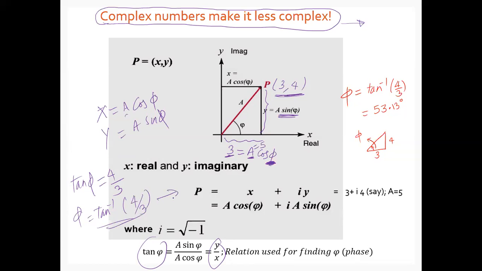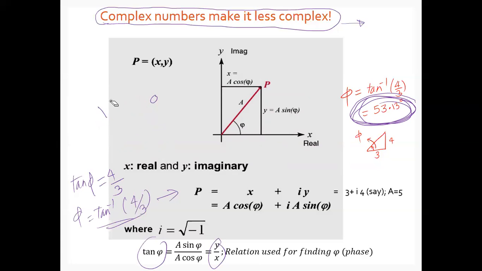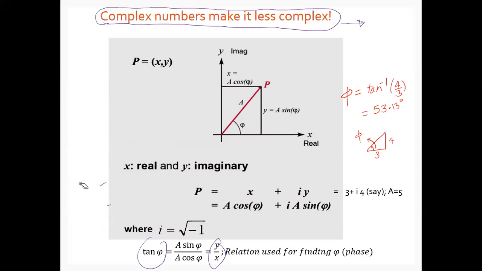Which you get 53.13 if you do that. Right there, what is i? How do you define your i? i is the square root of -1, right?